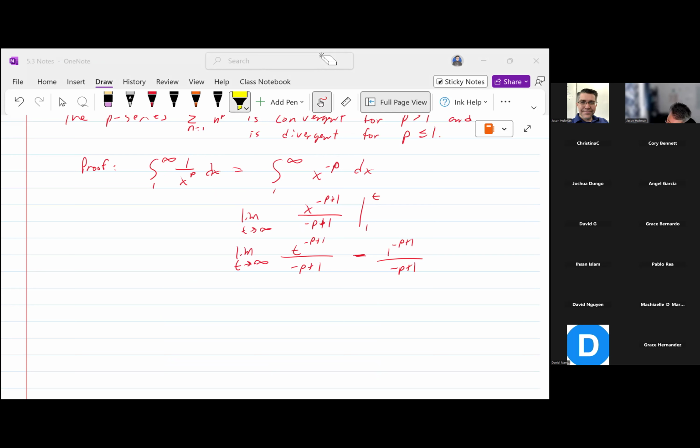So I'm going to factor out the negative from here, and hopefully that's going to help. So that's the limit as t goes to infinity of t to the negative p minus 1, all over negative p plus 1.